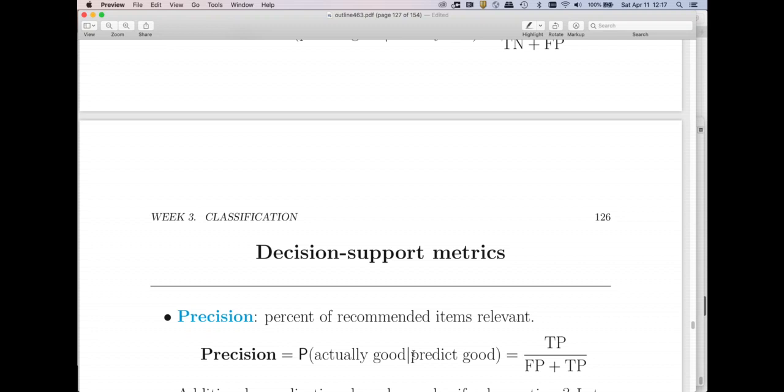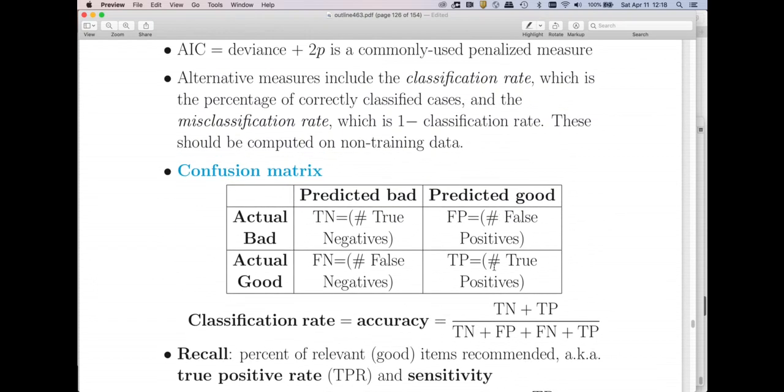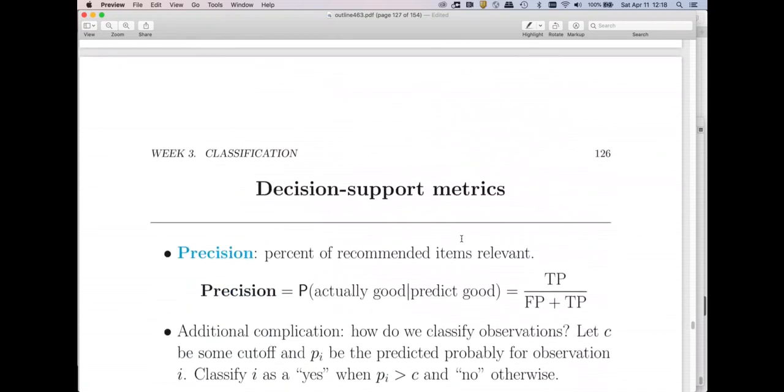In the case of a recommender system, of the recommended items, what fraction are ones that you actually like? So of the recommended items, what fraction are relevant? Let's go look at this. Of those predicted good, that would be the total of this column. What fraction of these predicted good ones are actually good? So TP divided by FP plus TP.